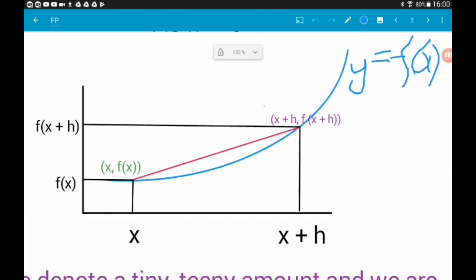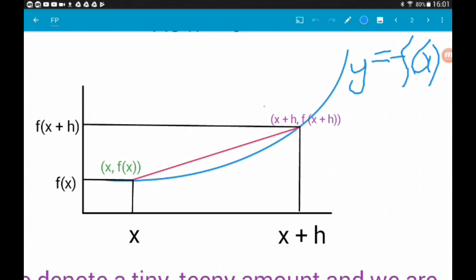So we've got y equals f of x again, and we have our original point with x-coordinate x and y-coordinate f of x. Now we've got this second point along the line to the right, which has x-coordinate x plus h. Now h is a tiny amount, so imagine we're zoomed right in on our graph like 1,000 or 1,000,000 times, so h is a teeny tiny amount that we've gone along the x-axis.